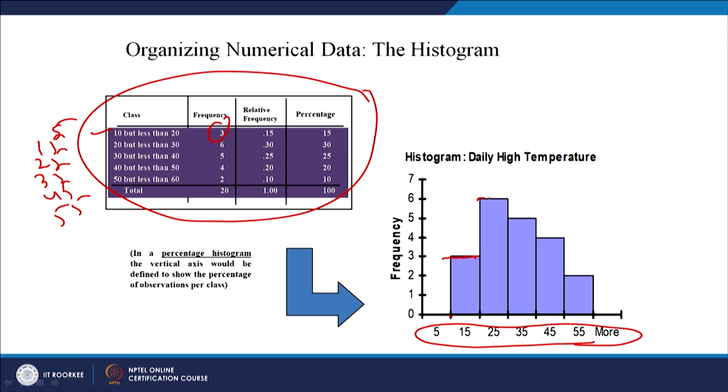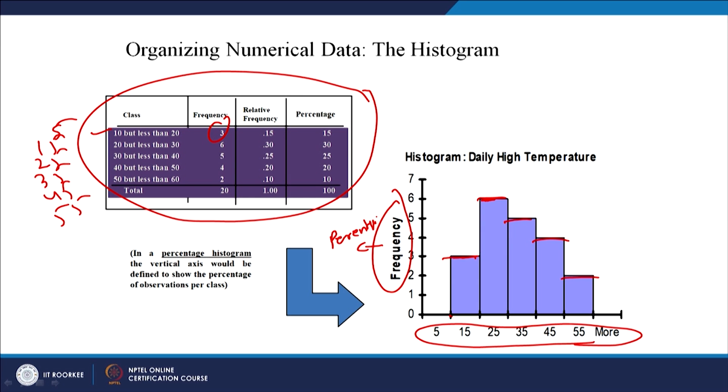Next is 6, then 5, 4 and 2, right. So, this is nothing but a histogram, in which we have shown frequencies. Now, if you want, you can show a percentage histogram also. In the case of a percentage histogram, instead of frequency you would be writing percentage, right.